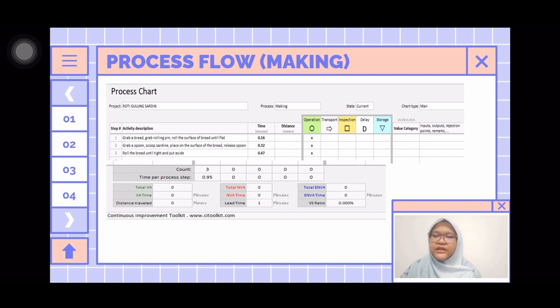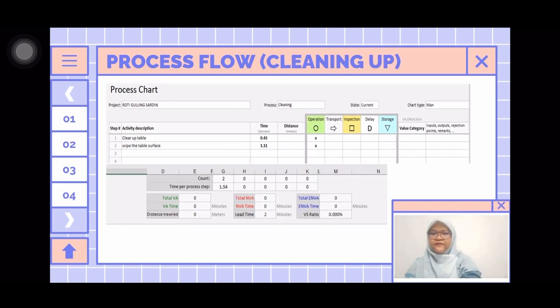For step 1, we take 0.16 seconds, step 2, we take 0.32 seconds, while step 3, we take 0.47 seconds. The total time per process step is 0.95 seconds.